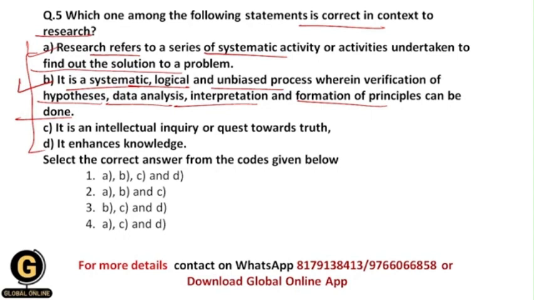Unbiased means whatever we do here is fair, and as well here we basically verify the hypothesis that we have created, we do the data analysis, we interpret the data, and as well we form here different kinds of principles as well.